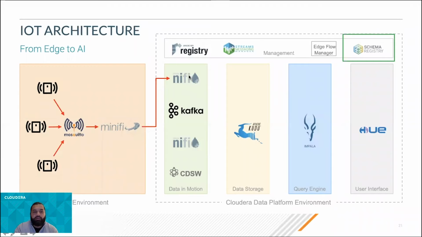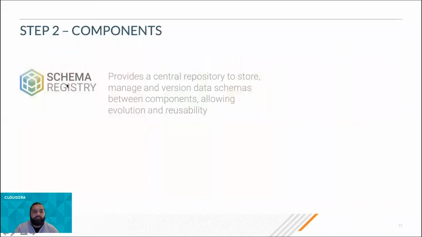Now that we have our data landing in NiFi, we need to understand the schema we are going to work with that data. For that, we have Schema Registry, a central repository to store and manage all the data schemas. So instead of hard-coding the schemas, or the data structure, in our NiFi flow, we centralize it in this Schema Registry.